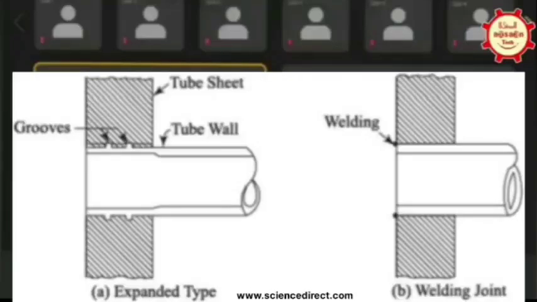So he is saying in the code it is given only for welded joints and not for expansion joint. Yes, absolutely. I mean, there is nothing even in the code for the expansion joint. So he's asking, should I go back to the welded? I mean, should you change the type of joint?